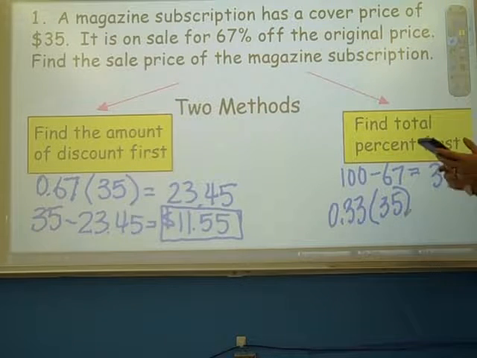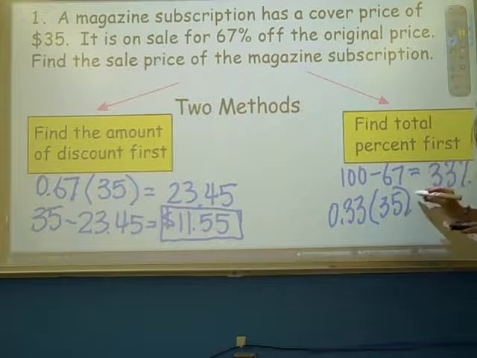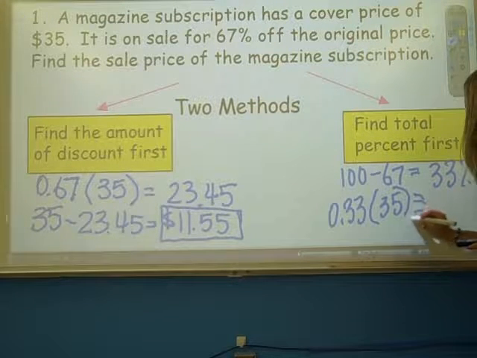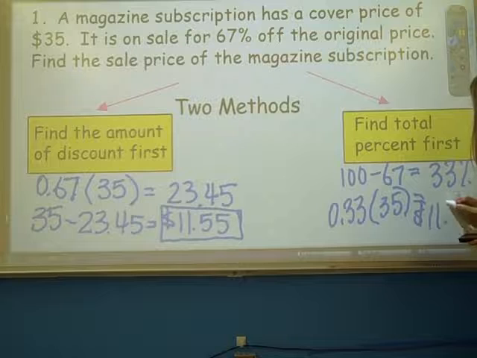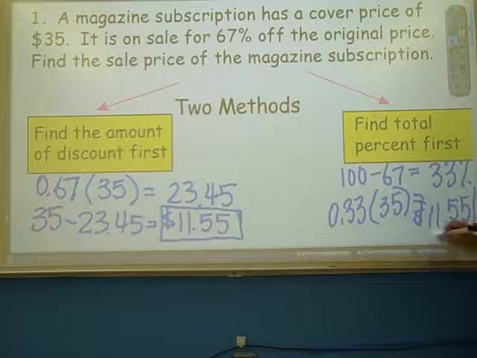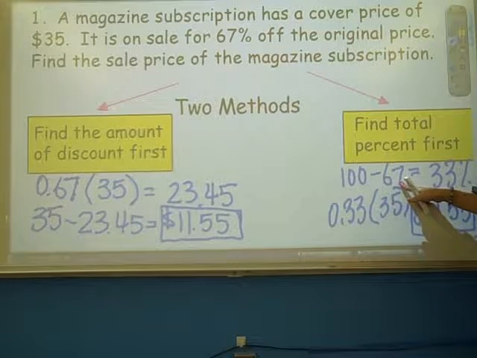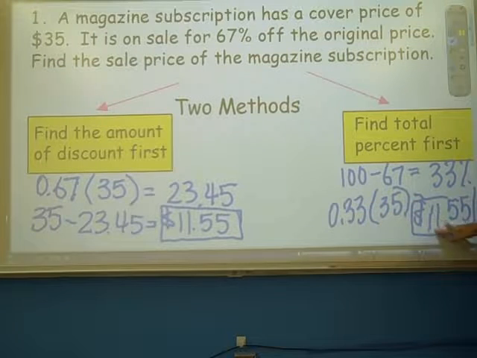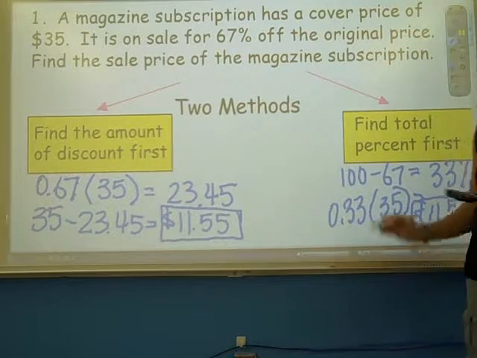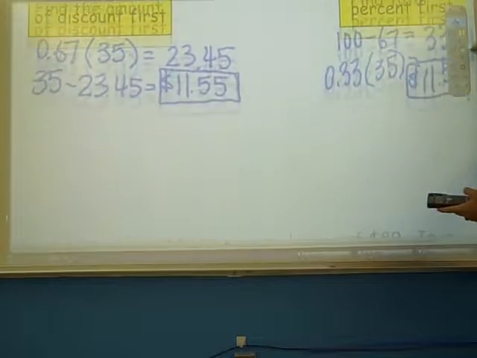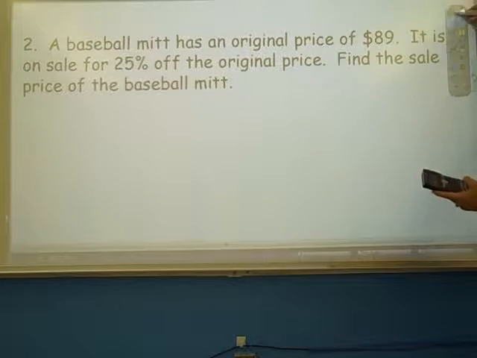And we should get the same answer. Let me just double check. And you get $11.55. Now, if you're doing it this way, I do not need to see 100 minus 67. You can jump right to this one line and write your answer that way, and I will understand where you're getting it from. Okay, so you're going to try number two on your own.